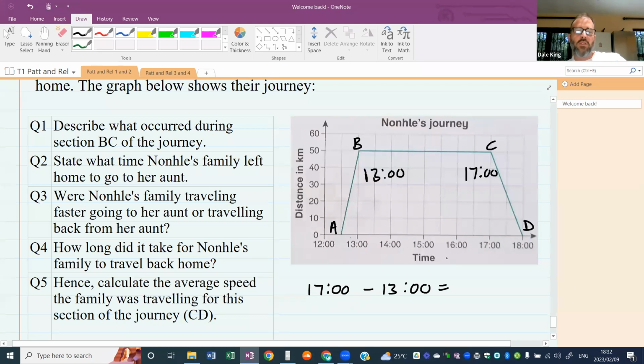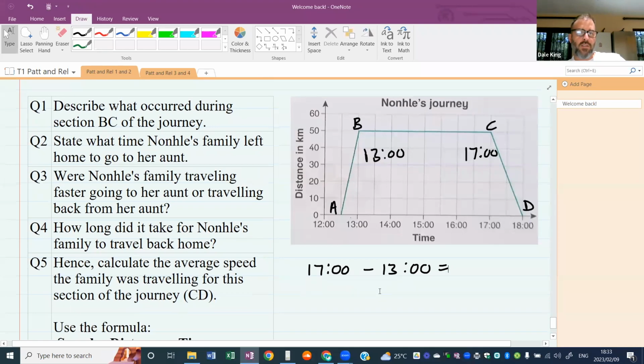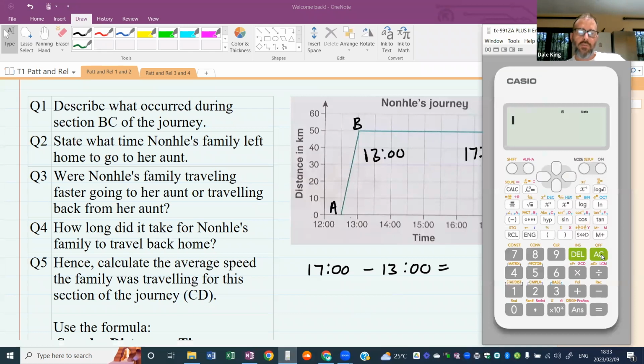But you guys are all saying 5 hours. And by my maths calculation, 17 minus 13, well, let's get the calculator to work it out for us. 1700 hours, which is 5 o'clock, minus 13.